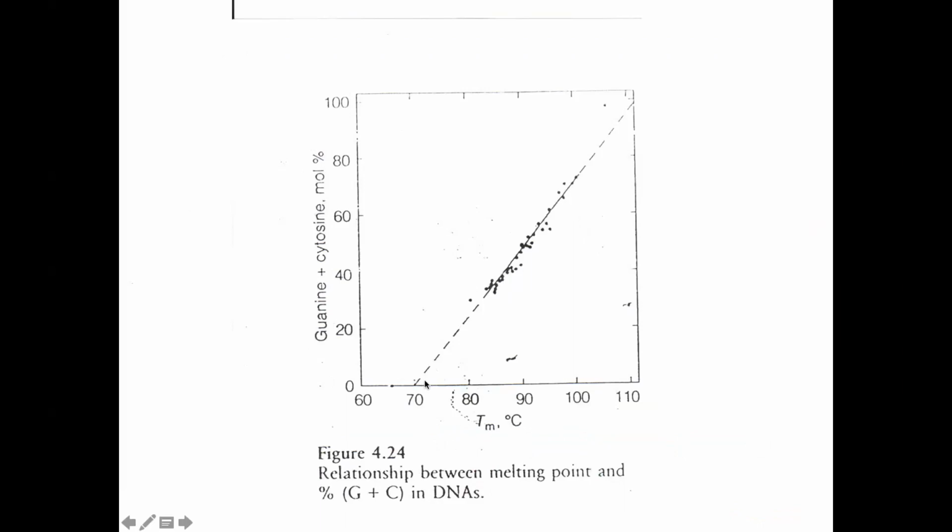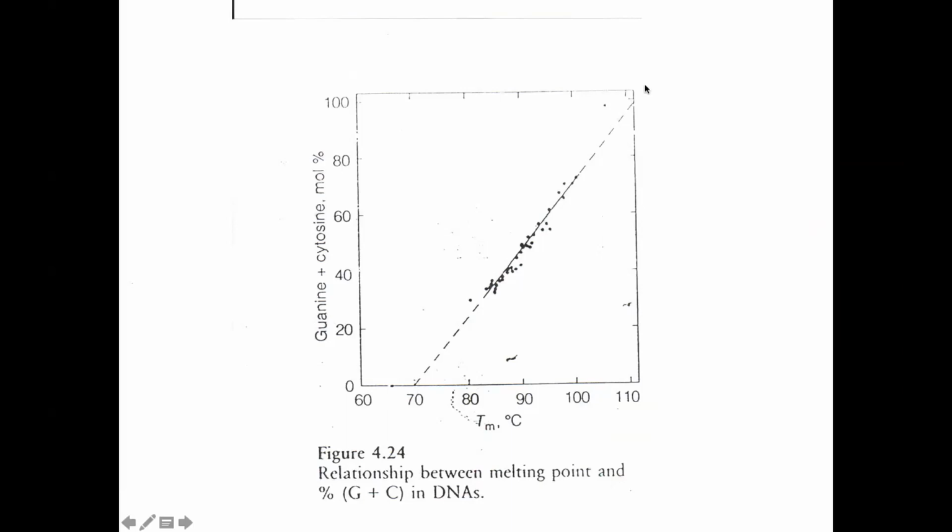So if you have a molecule of DNA that's 100% AT, meaning there's 0% GC, then your TM value is going to be around 70. If you have a DNA sample that's 100% GC, the TM value is going to be about 113 or so, up here at the top, goes off the graph.